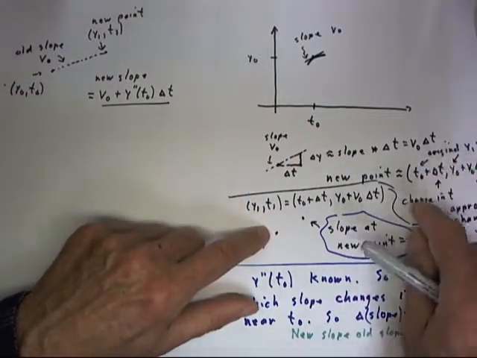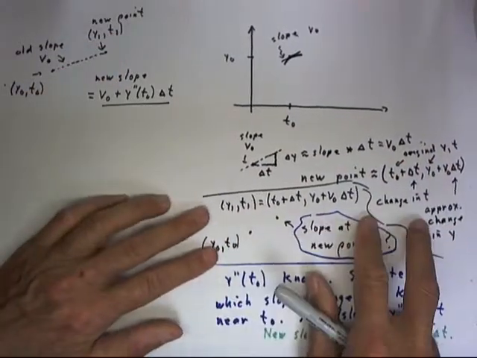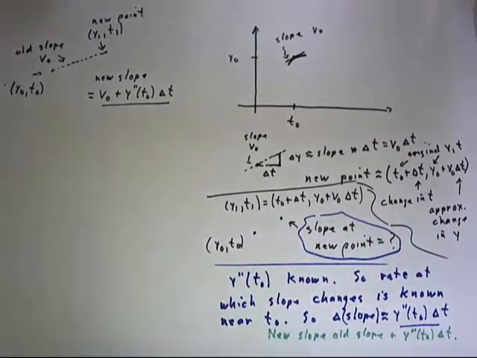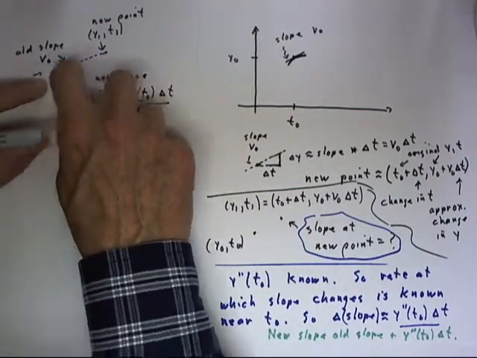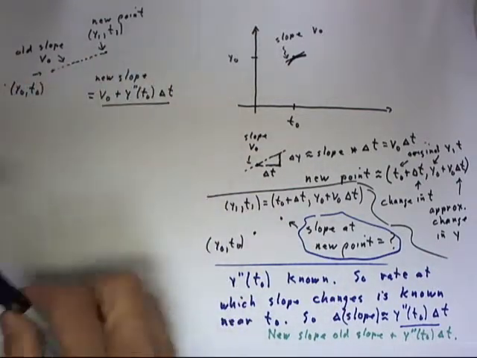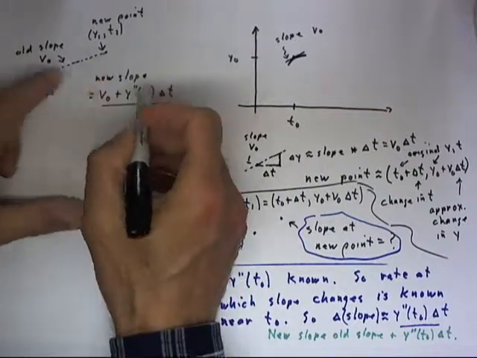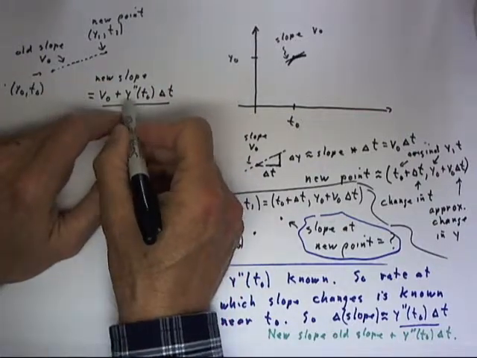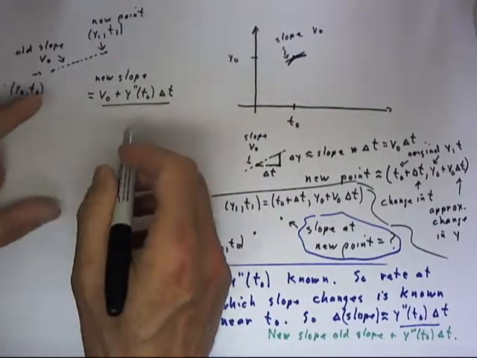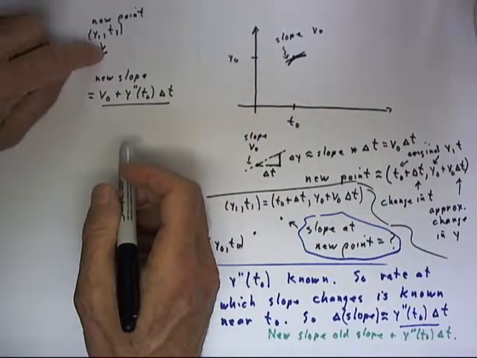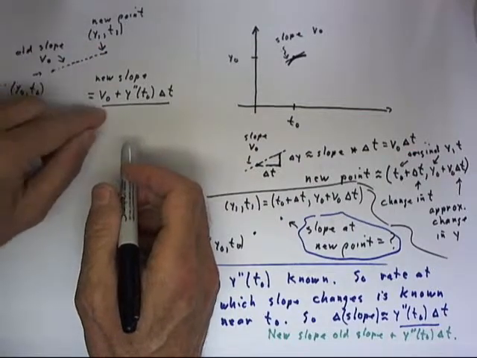And we have that calculation over here. Then we went back and revisited what's going to happen to our slope between here and here. And we concluded that the slope should change by an amount approximately equal to y double prime of t naught times delta t. So now, what do we have? We have a new point and a new slope.